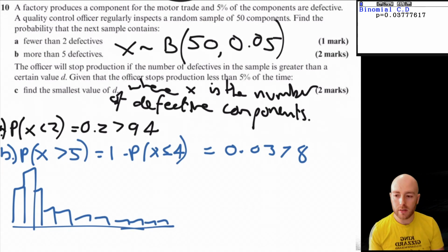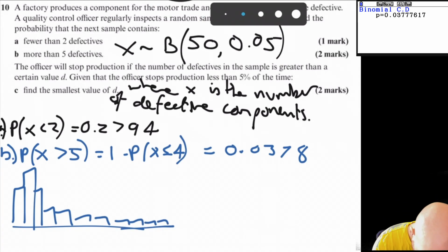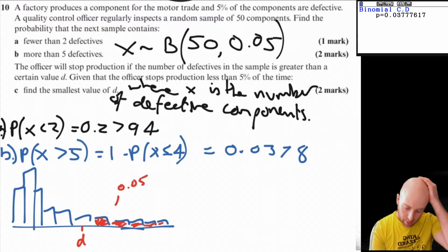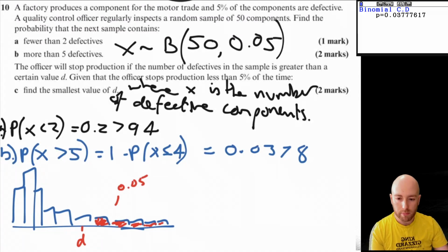I'm not going to draw all 50. It looks something like that. We want to find what d is, so it's greater than this value. So d will be the next one there. And we want to know all this probability here, 0.05. So it's probably going to be, you guys are going for 5.